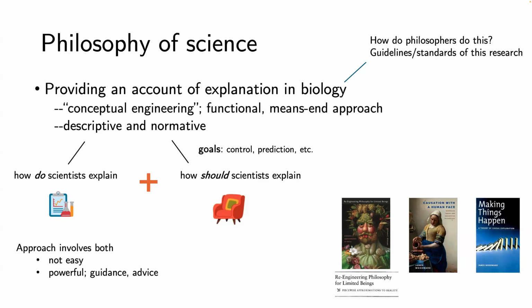They sometimes view themselves as a kind of consultant to scientists, and they're very interested in capturing the practice of science. They view science as our best understanding of the world, and they're interested in capturing how scientists do that so well. So they want to capture the success of science.